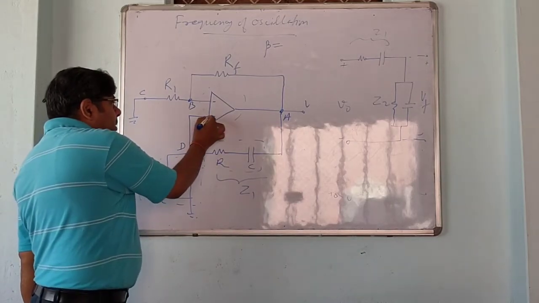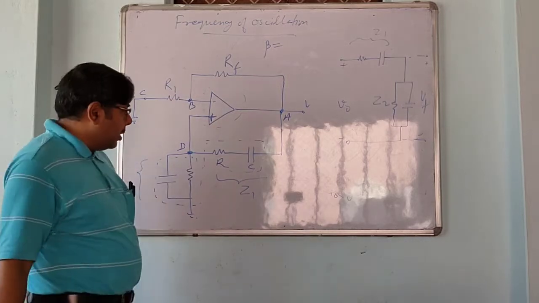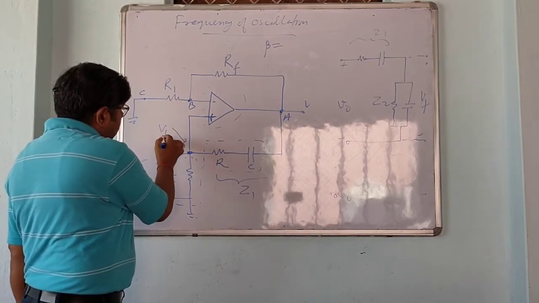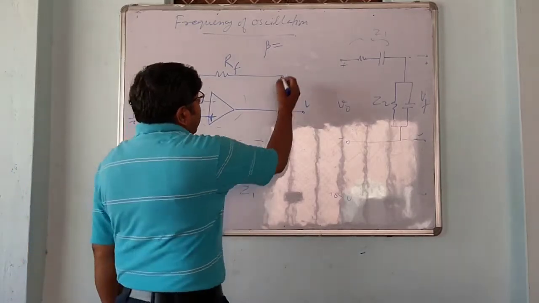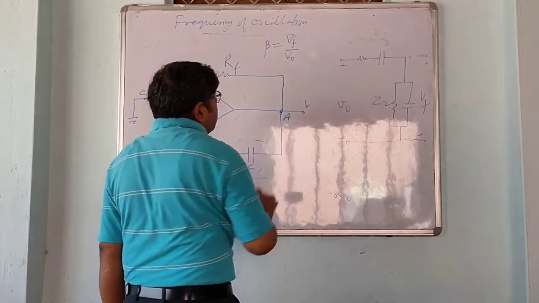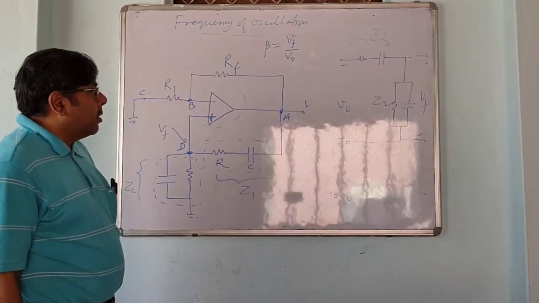So feedback is connected at this positive terminal. So the voltage at this terminal is VF with respect to ground. Then we can write this is feedback signal upon output. This is the feedback factor.